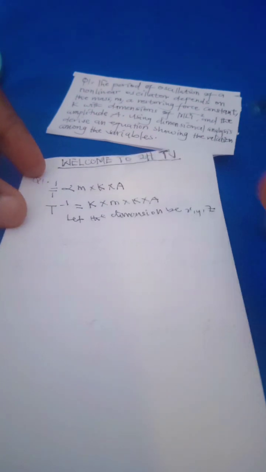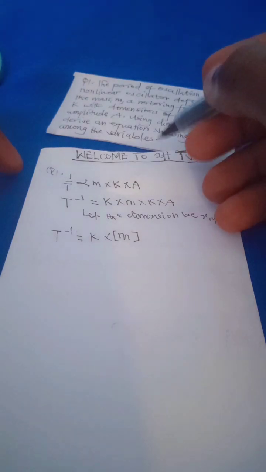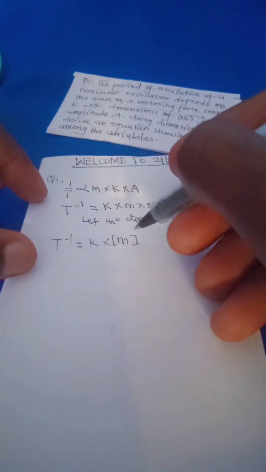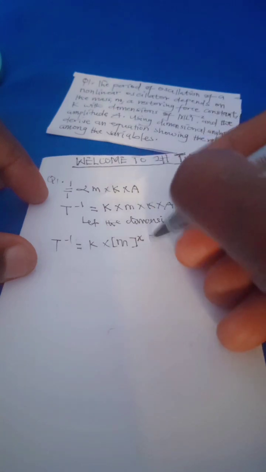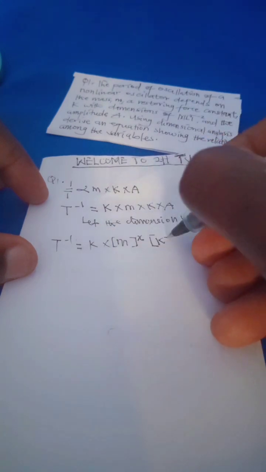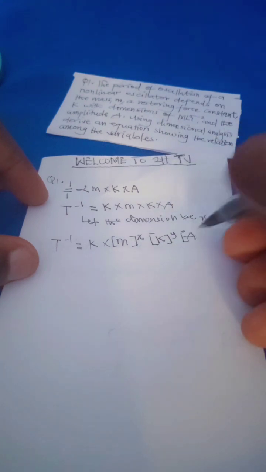So meaning that you will say T^-1 is equal to k multiplying m, k and a. So this is how you are going to represent it. You assign your dimensions to the parameters in this way. So this one will take the y, and then the amplitude will now take the z.